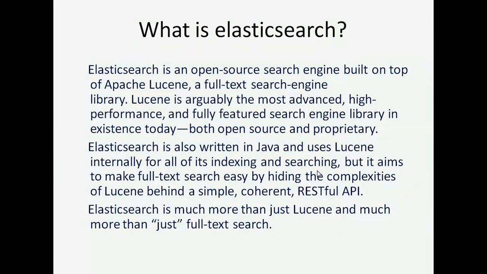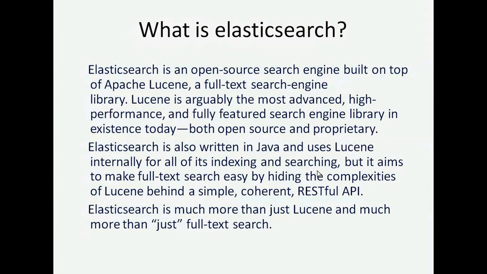source and proprietary. Elasticsearch is also written in Java and uses Lucene internally for all of its indexing and searching, but it aims to make full text search easy by hiding the complexity of Lucene behind a simple, coherent and RESTful API.